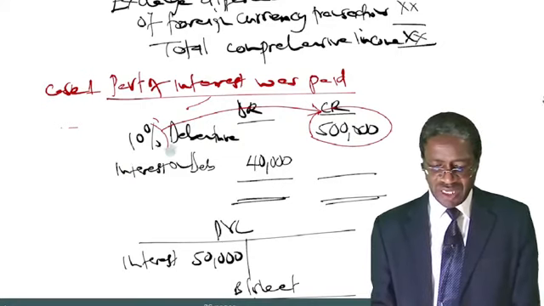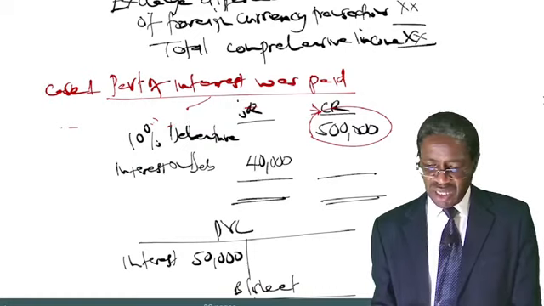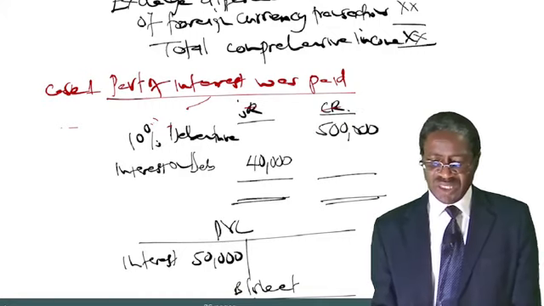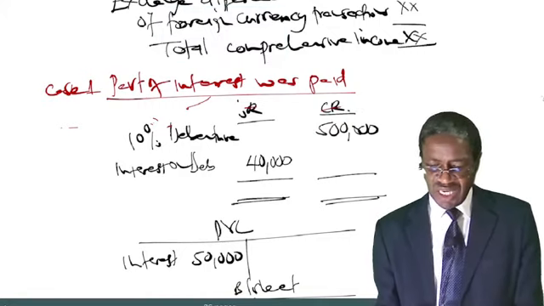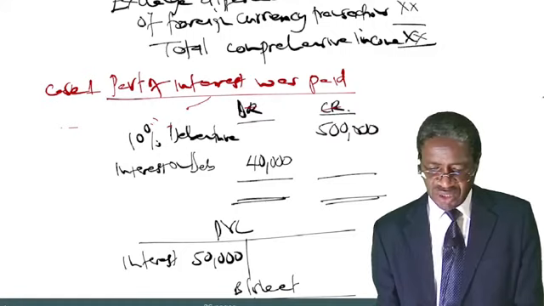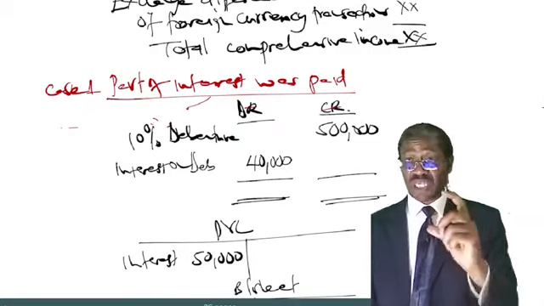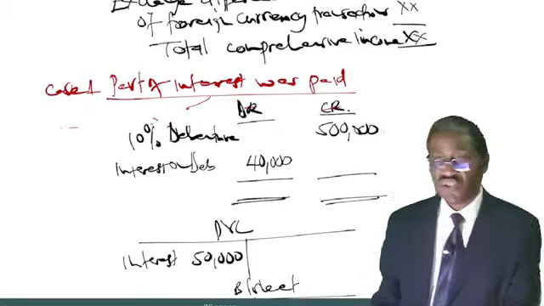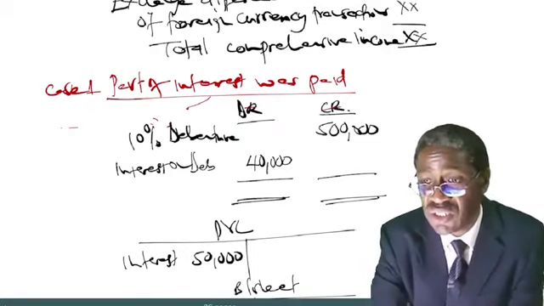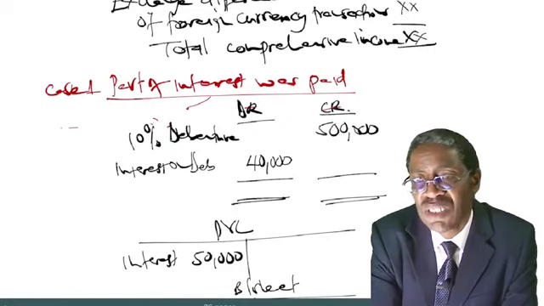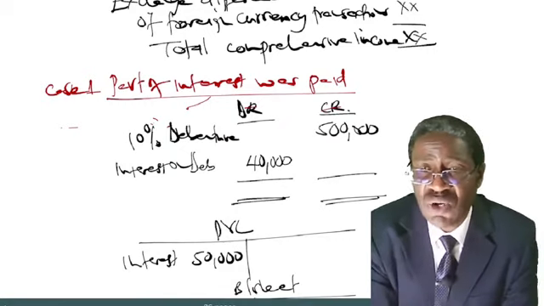So have another subheading, and you call it treatment of debenture interest. That's a subheading. Then for the purpose of that, you can have another case.